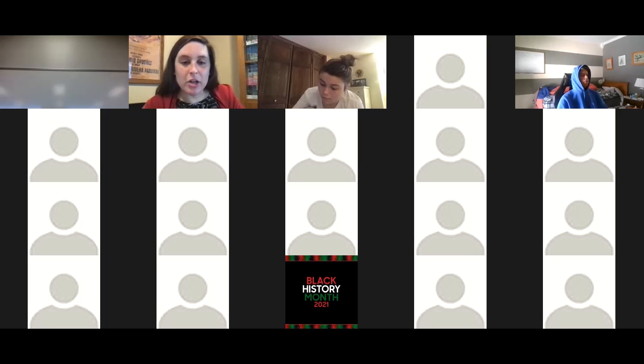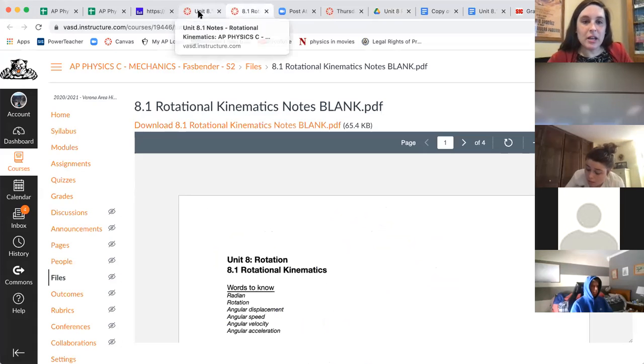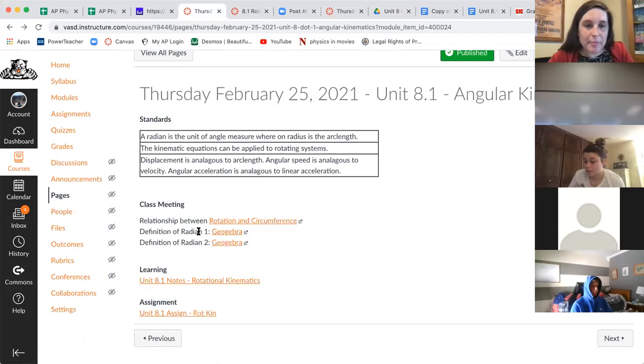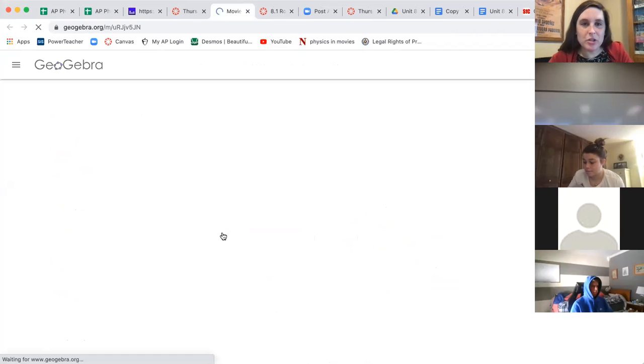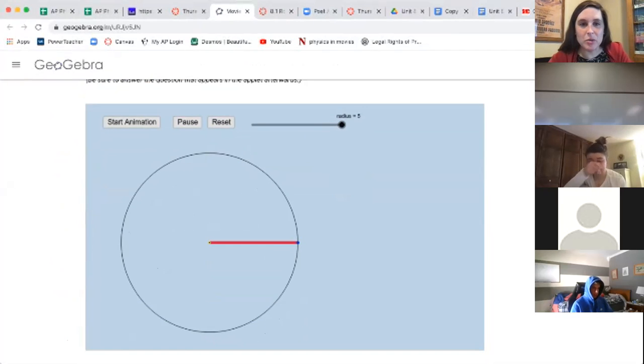There is a very cool graphic, not the learning page. Here we go. We got 2 little cool things from GeoGebra that do the definition of a radian. So I'm going to optimize for a video clip and hopefully you guys will be able to see this.